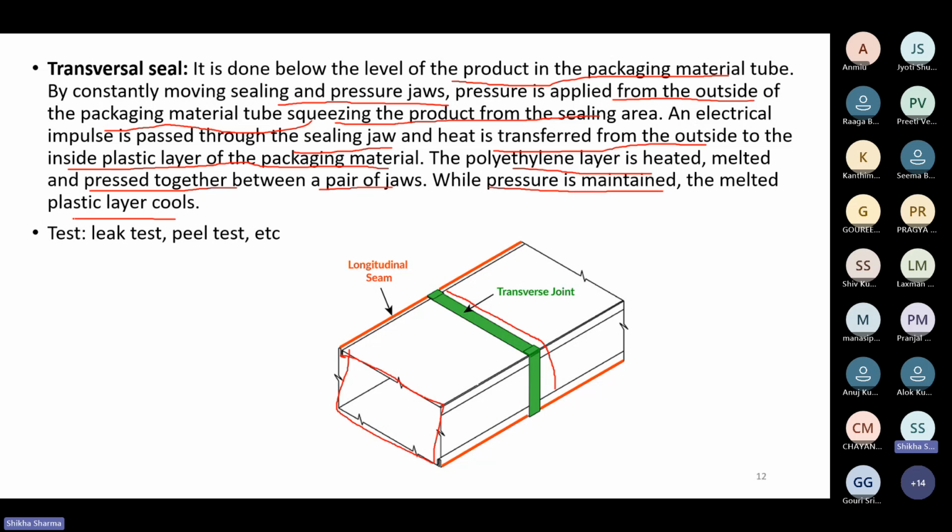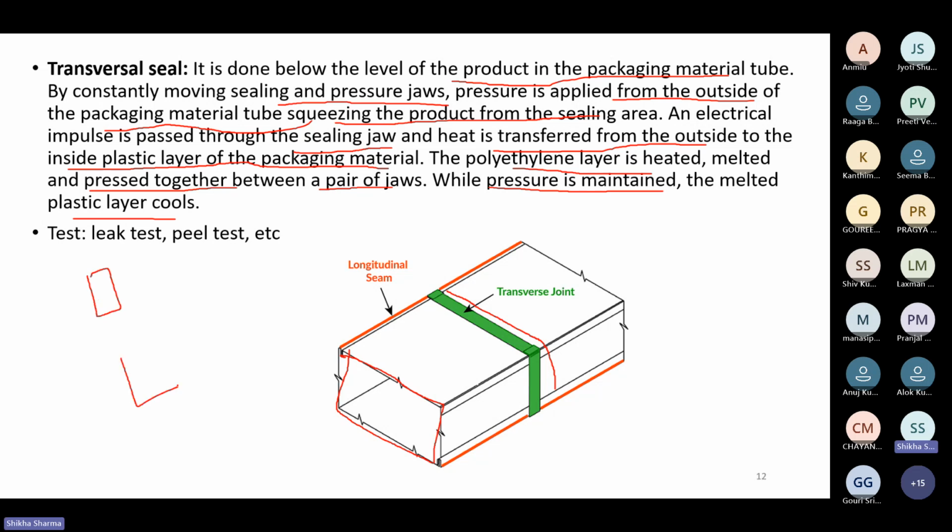And this type of seal can be tested using leak test, peel test. So what happens if the product is leaking from that side or that part, that means that the seal is not properly formed. Also the peel test is like there is one mechanical system.